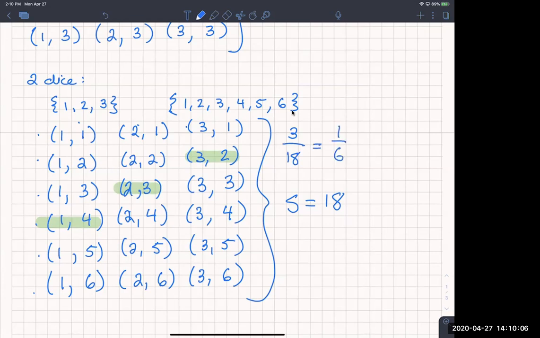So the probability is 1/6, or 0.17, or 17%. Okay, does everyone understand how I did that? Yes. Okay, so let's have you guys do one.